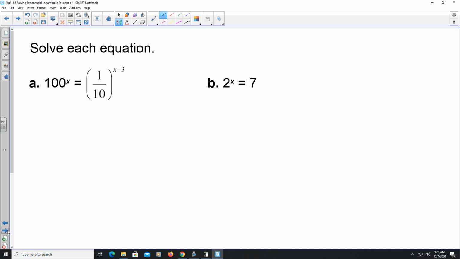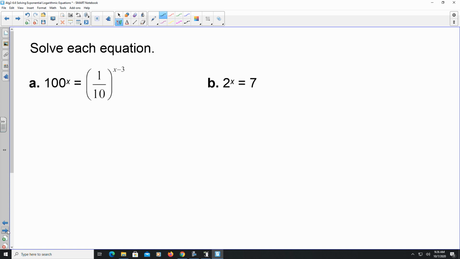So I want to make both sides of the equation have the same base. There are several ways that you can go about doing this, and I am going to attempt to make both bases a value of 10.